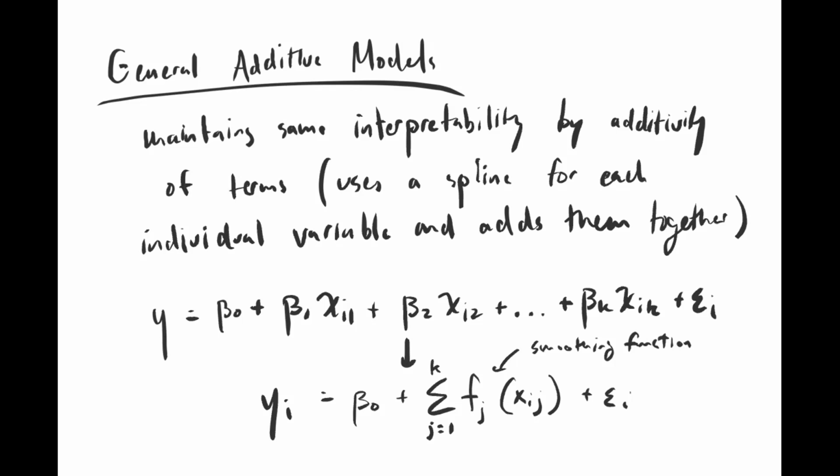And so the combination of those basis functions that I was showing before can be applied to each individual variable, and then you can look at that in an additive way, so that you're still looking at this form of a linear additive model.